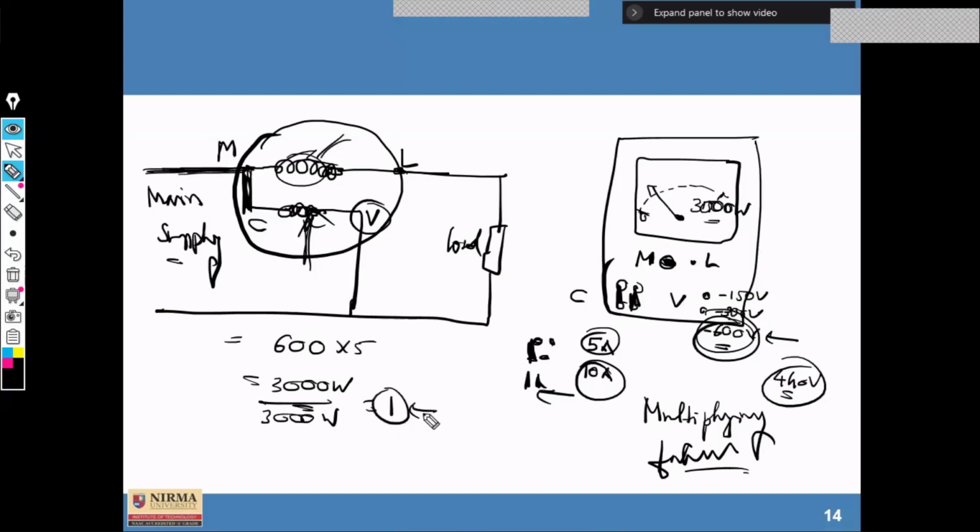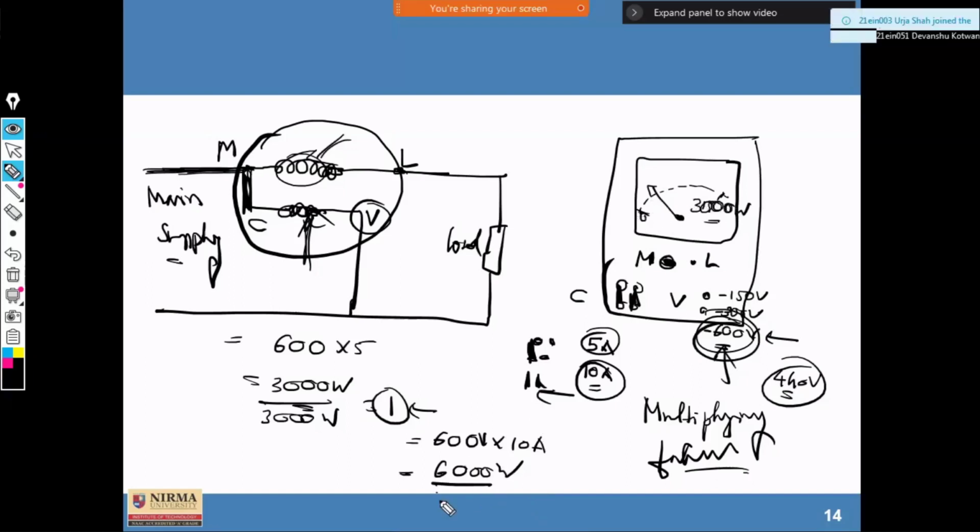So your multiplier is 1 here. Now if you consider the 600 volt range for the voltmeter, and you select the 10 ampere current range, then the rating of this wattmeter would be 6000. And here we can measure up to 3,000 only.